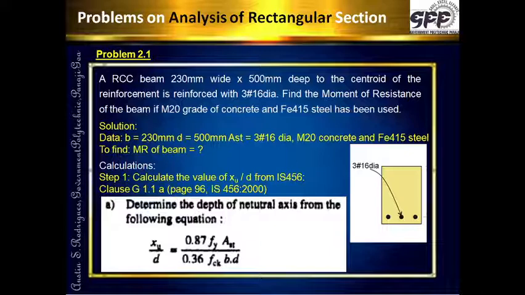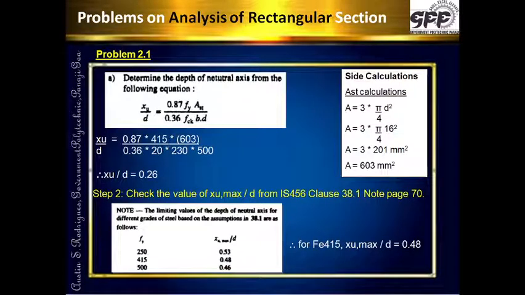The finding the depth of the neutral axis, the ratio of the depth of the neutral axis, the actual neutral axis, to the effective depth, that formula has been given. So now we solve it. So Xu upon d will be equal to 0.87 fy Ast divided by 0.36 fck b d. Now the left hand side we are trying to find out.